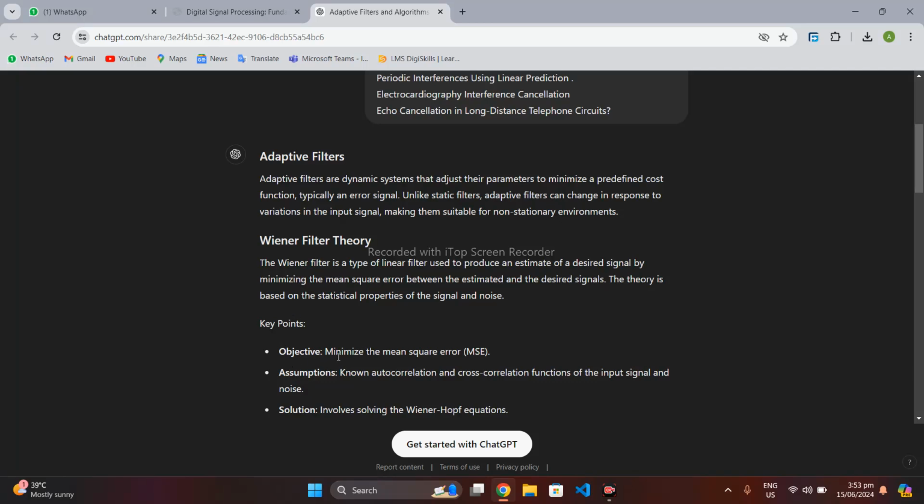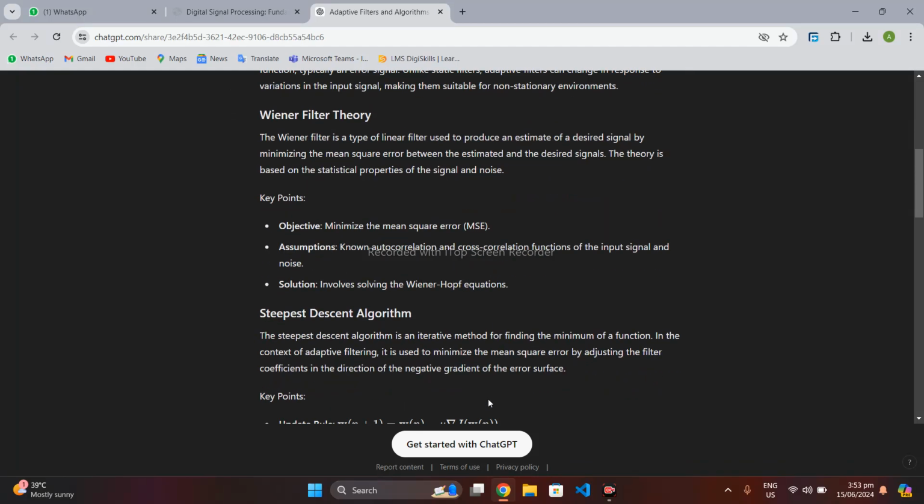Objective: to minimize the mean square error (MSE). Assumption: known autocorrelation and cross-correlation function of the input signal and noise. Solution involves solving the Wiener-Hopf equation.